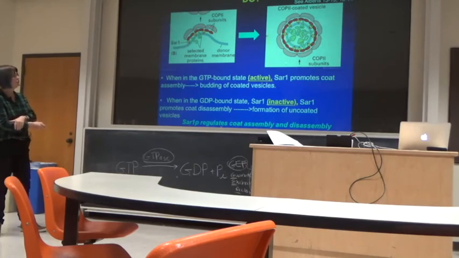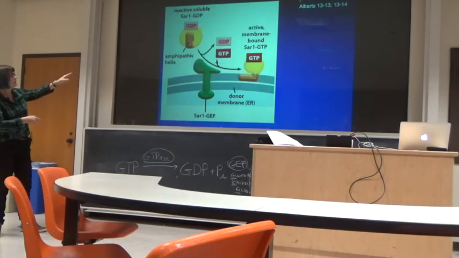These COP2 coat proteins themselves have weak GAP activity, but when there are so many of them, and there's a conformational thing when they're in a round vesicle, they are the GAP that will cause the SAR1 protein to hydrolyze GTP into GDP.